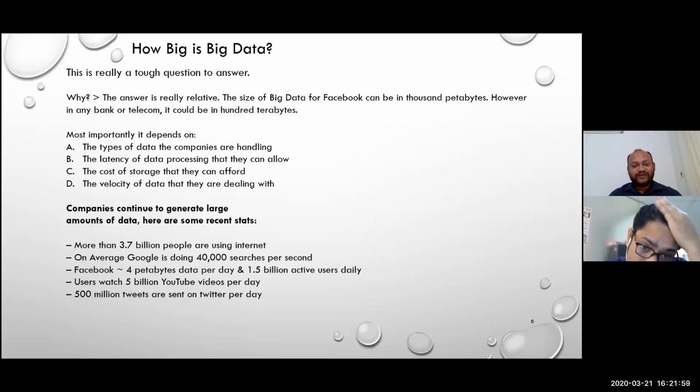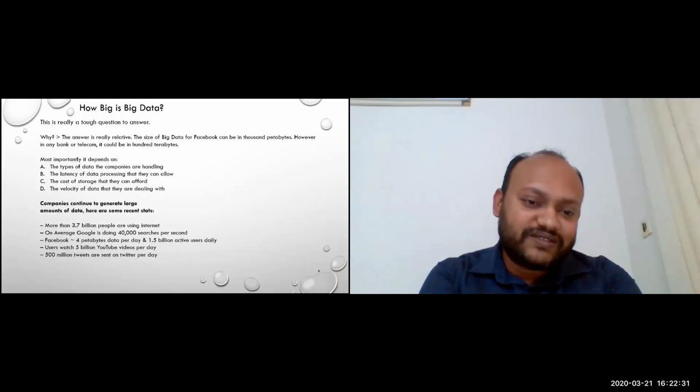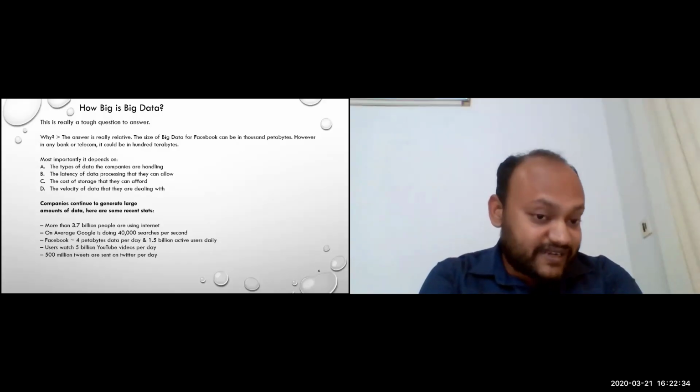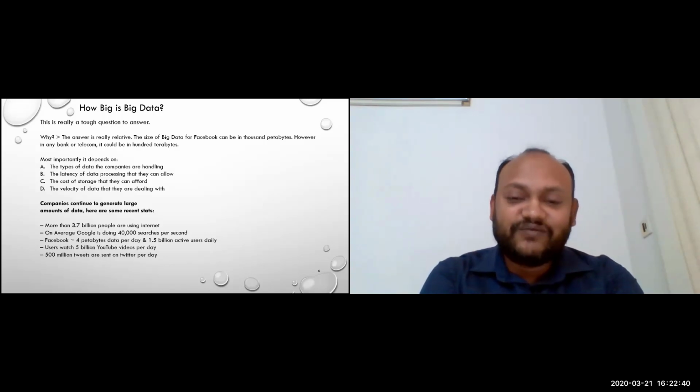Let's say we went to an ATM, put in our card and asked for some money, right? What is the expectation of the response from the ATM? It should be a few seconds, not minutes or hours. Then there is the cost of storage that a company can afford for the amount of data we are dealing with, and how fast the velocity of data is.